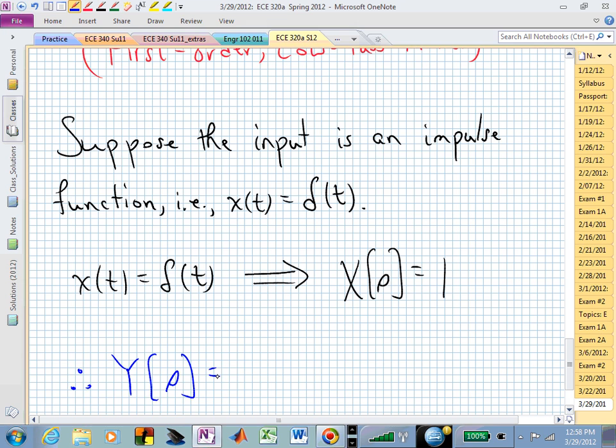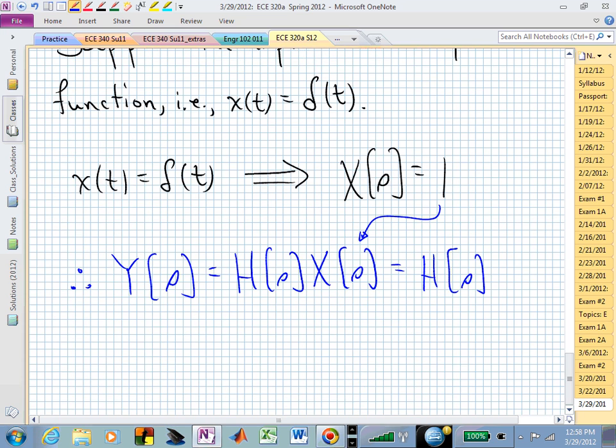Now, if we've excited our system with an impulse function, the output, Y, by definition, is the product of our transfer function times the input Laplace transform. But we just have shown that with our input being an impulse in the time domain, the Laplace transform of the output is just the Laplace transform of the system, or its transfer function, H of s.